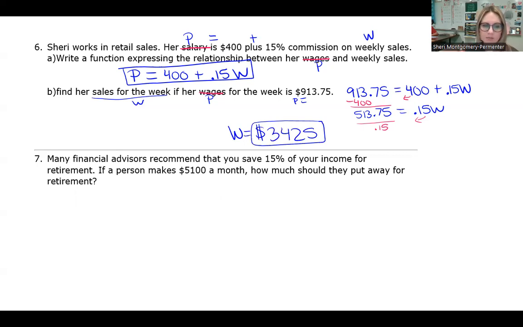The next question: many financial advisors recommend that you save 15% of your income for retirement. If a person makes $5,100 a month, how much should they put away for retirement? So we're trying to find 15% of 5,100. So you can take 5,100 and multiply it by 15% as a decimal.